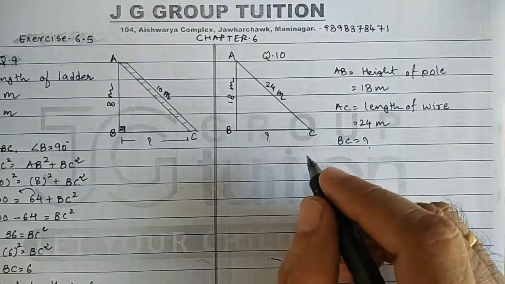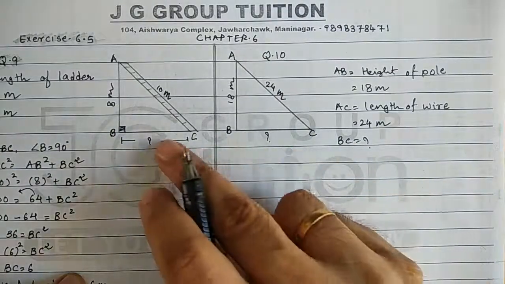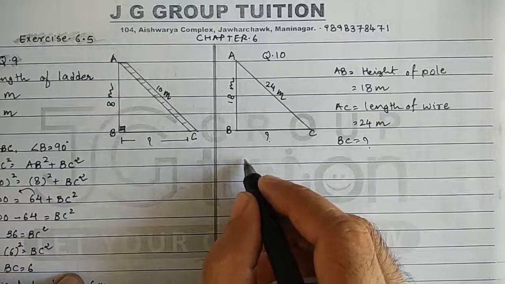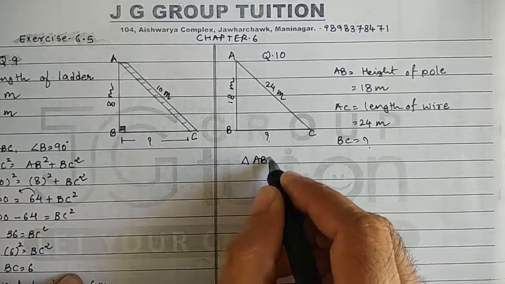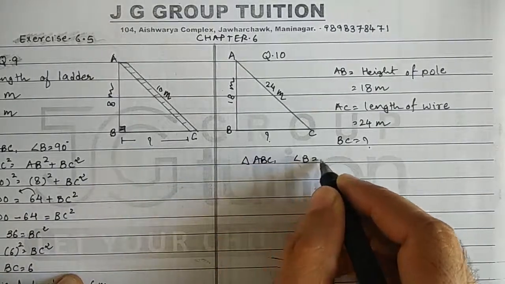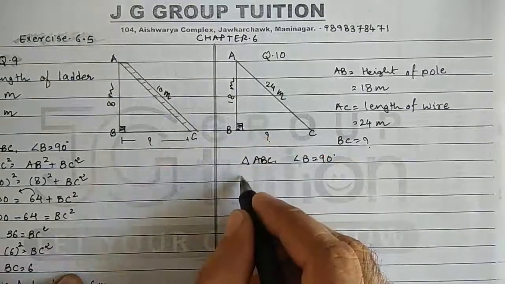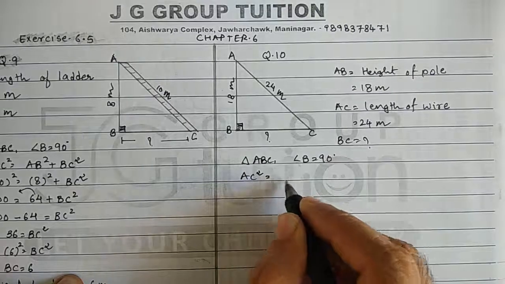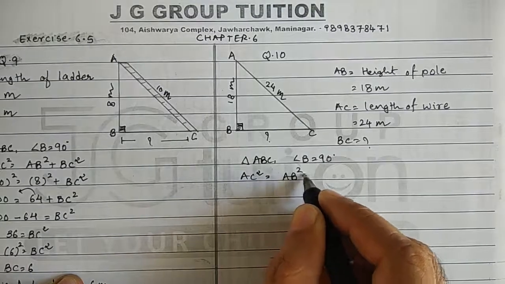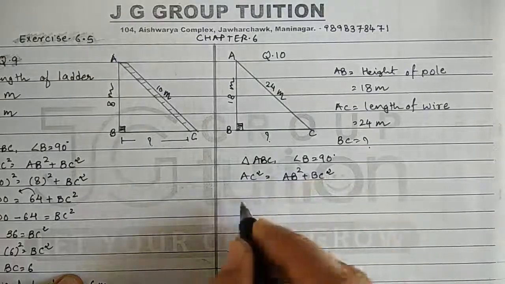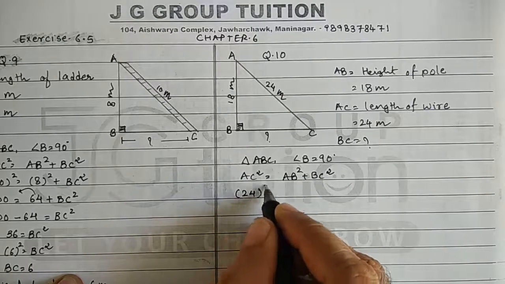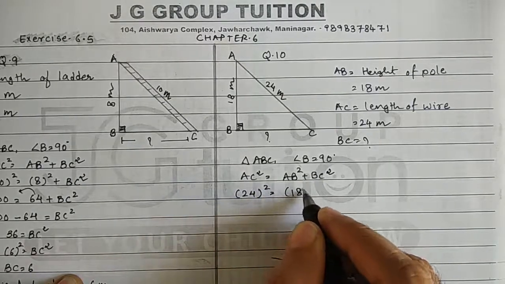Again you can see that this is the same question which we have just done, the previous one, question number 9. So again we can say that in ABC, angle B is considered a right angle. So by using Pythagoras, the square of the hypotenuse equals the sum of the squares of the other two sides. AC is given 24 and this is 18.